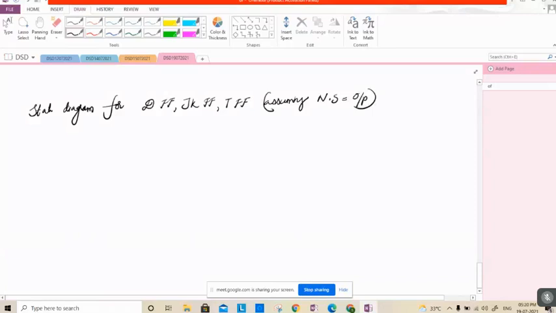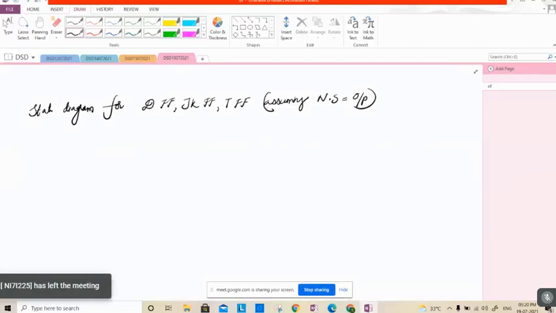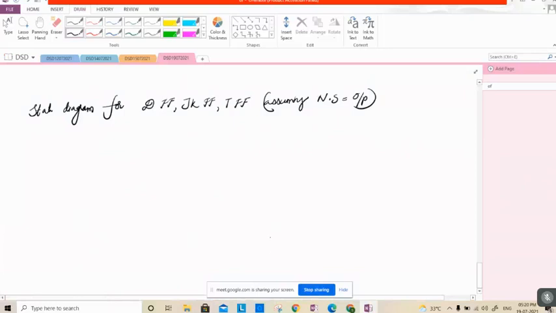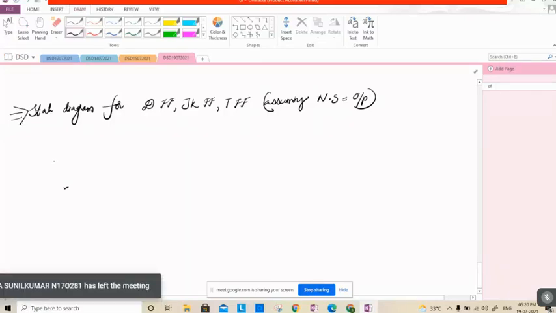Can you do it? Then do it. I request every one of you to solve this problem. Draw the state diagram for a D flip-flop, for a JK flip-flop, for a T flip-flop.